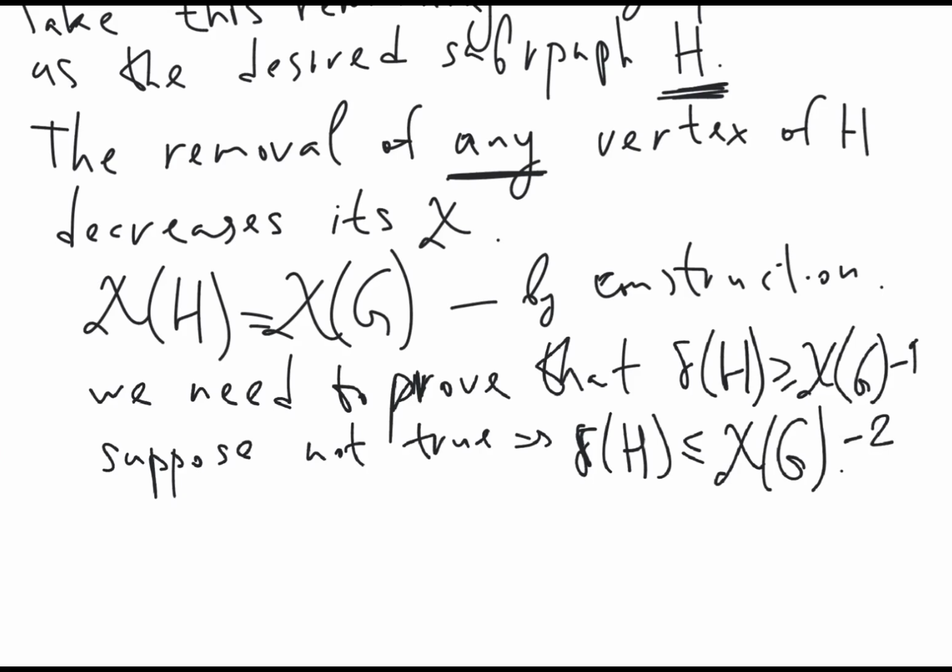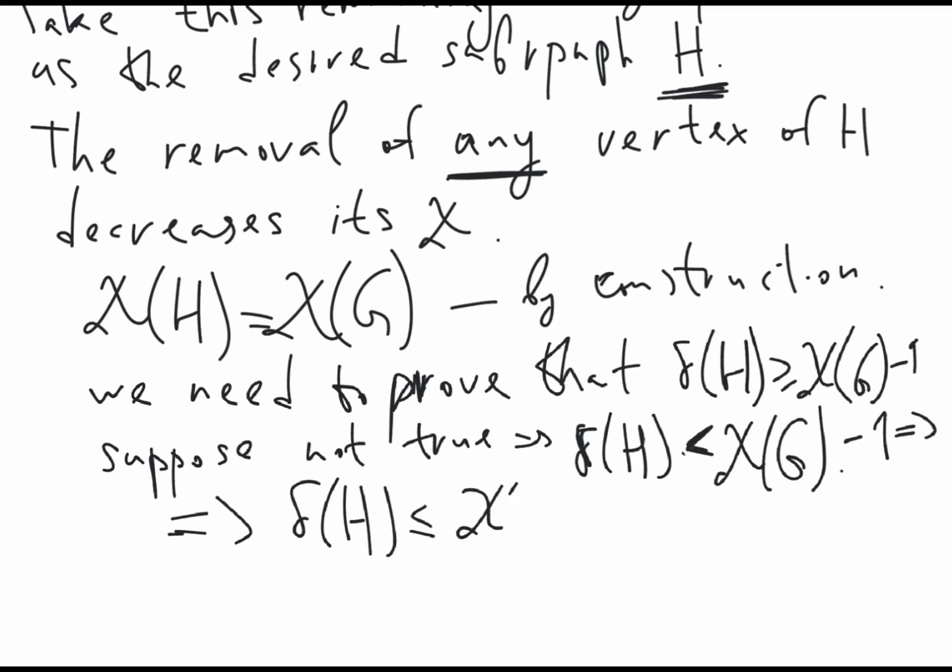Yeah, so let's write it more carefully. Strictly inverting this inequality, it's strictly less. So greater or equal is not true. It means that it's strictly less than chi of G minus 1, and therefore it is less or equal than chi of G minus 2.